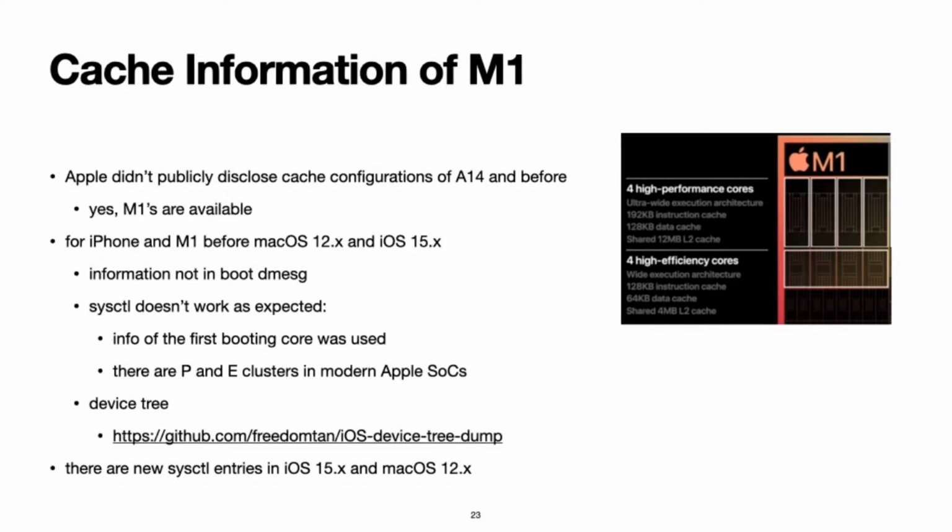We'll come back to what those P and E are later. However, I managed to get the cache information from the device tree. Unfortunately, there are new syscontrol entries in iOS 15 and macOS 12.